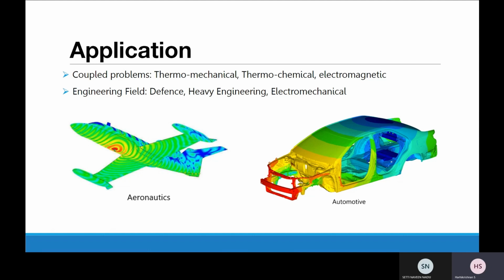However, a powerful tool like FEA is now used to solve design problems in mechanical and other engineering fields like aerospace and defense, automotive, electromechanical and consumer goods, heavy engineering, and a lot more.